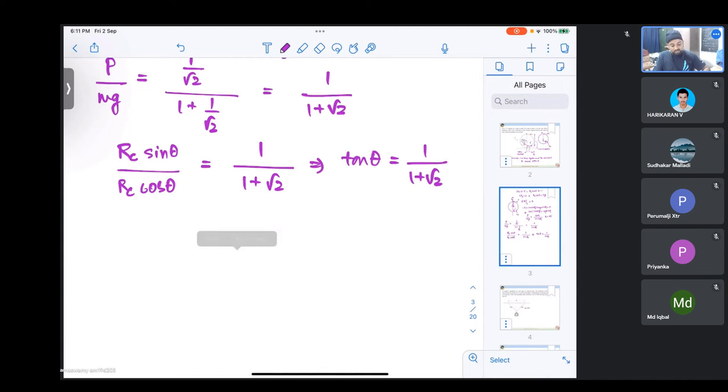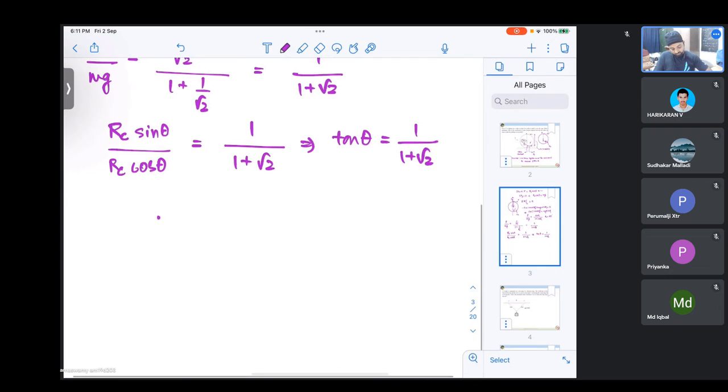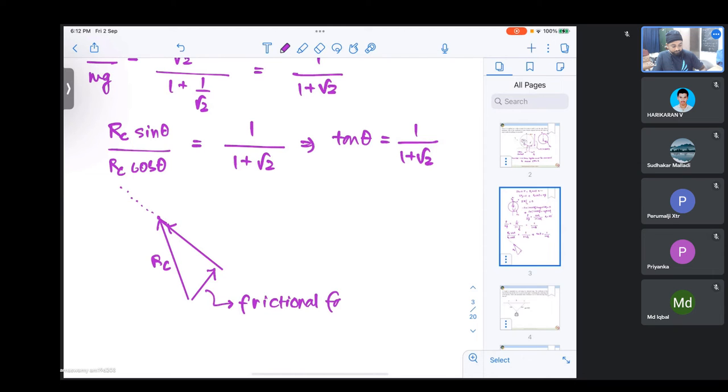So far so good. At point C, let me just draw. At point C, this is what we are calling as RC. Now if we see, there is a normal component to this which will pass through the disk center, and then there is a tangential component to this which is nothing but frictional force at C, and this is the normal component at C. This angle we just define as theta.